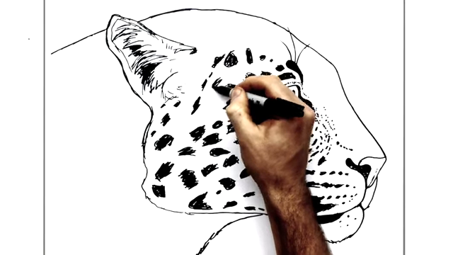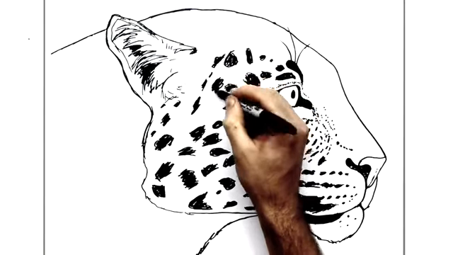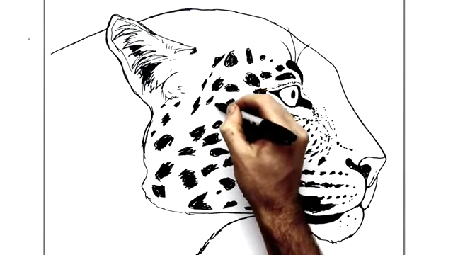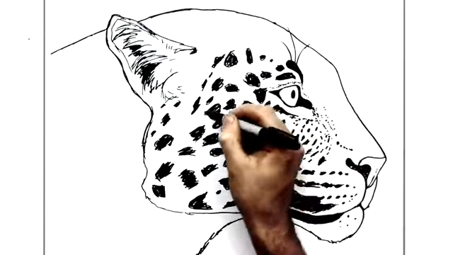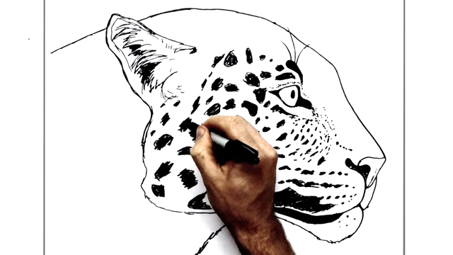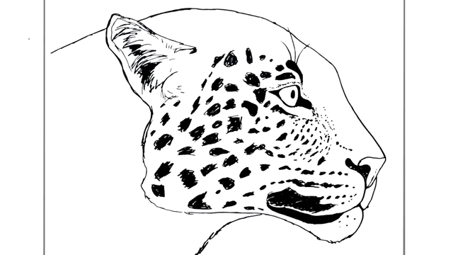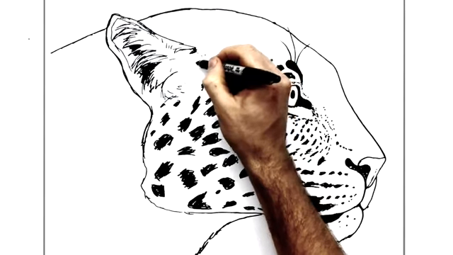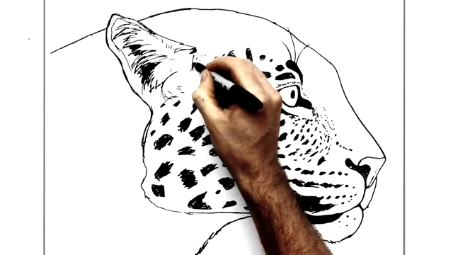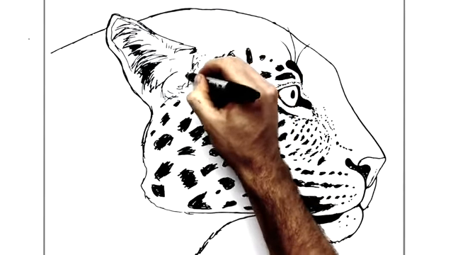And then a couple inside here as well. Maybe some small sort of hairlines just around the ear, just to show that it's kind of furry.